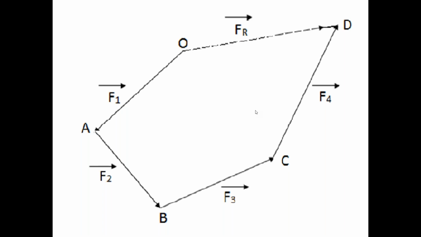If the polygon is closed, there is no other closing side. Already the polygon is closed, so there is no closing side. If there is no closing side, there is no resultant force. If there is no resultant force, what is the condition of these four forces F1, F2, F3, F4? In which condition will those four forces exist?